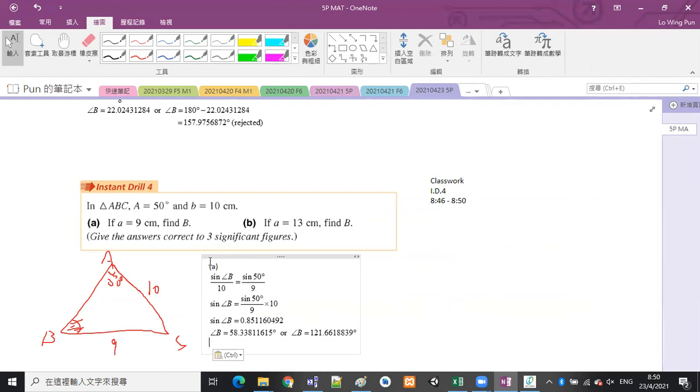Okay, 58.3 degrees or 122 degrees. Can you get the answers? Of course, you may write down all the decimal places for your answer. That is also okay. And then for part B, have we done?